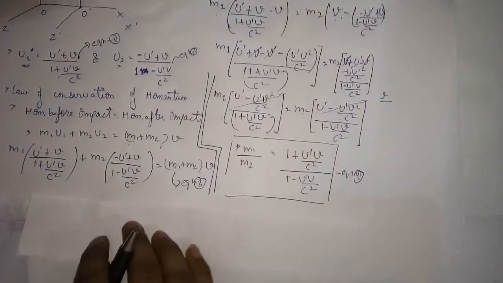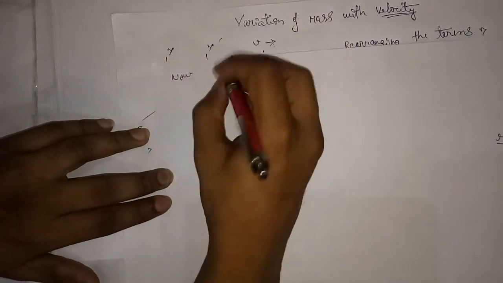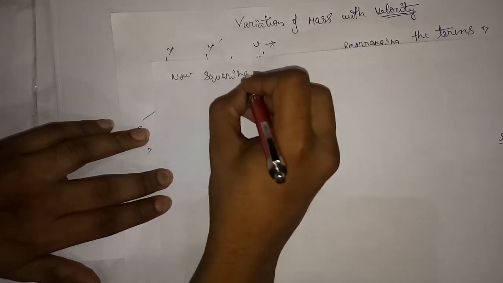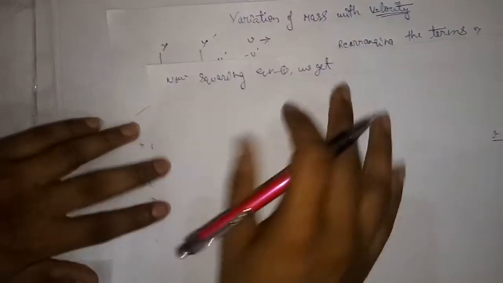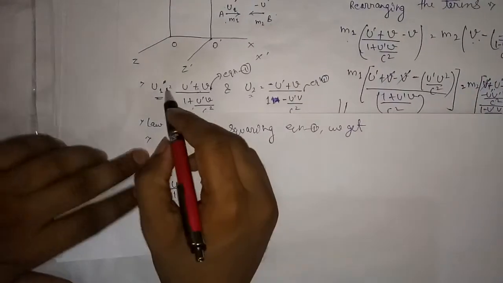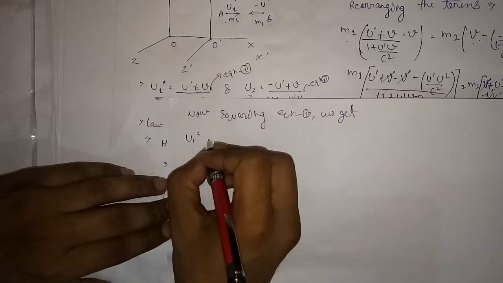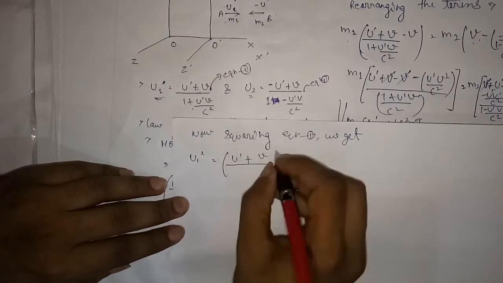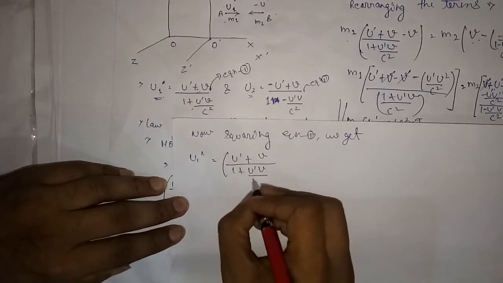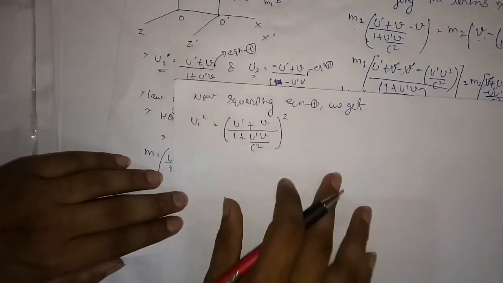Okay, so now squaring equation 1 we get, and what is equation 1? This is our equation number 1, right? So u1 square equals u dash plus v upon 1 plus u dash v upon c square, whole square, right?